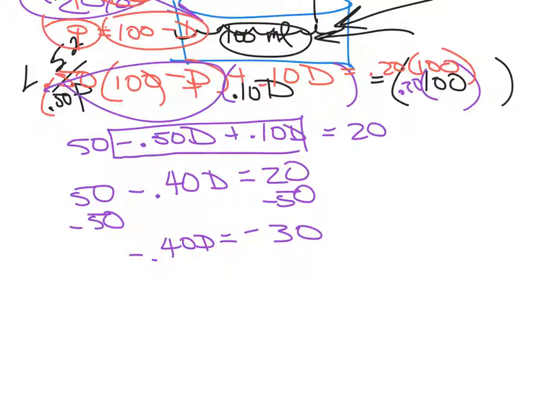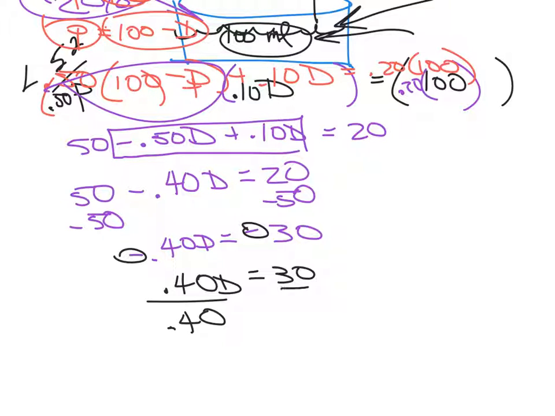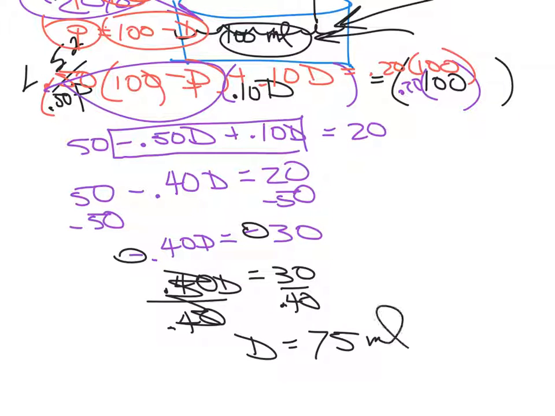And since they're both negative, I can just make the negatives go away. Divide by 0.4. And that goes away. And my D is 30 over 0.4. So the amount that I dump in D is 75 milliliters.